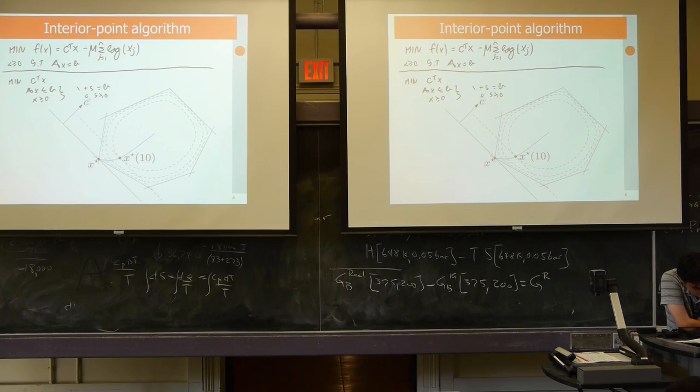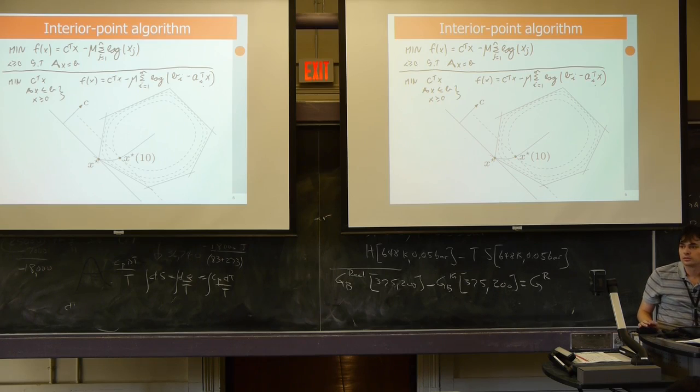So instead of doing this, you can use this barrier function, that is c transpose x minus, say, mu times the sum of log of b_i minus a_i x. So b_i is the ith element, and a_i is the ith row of A. Right?